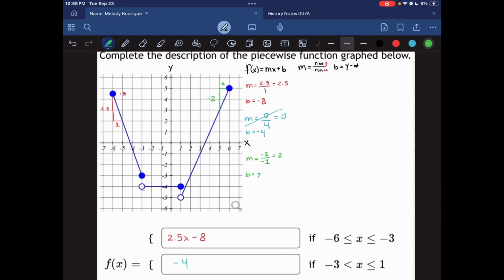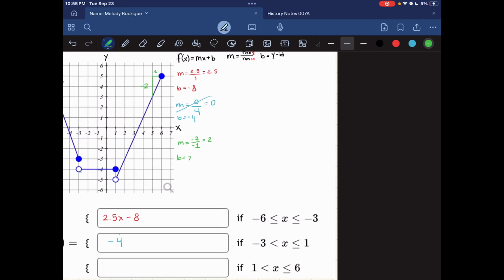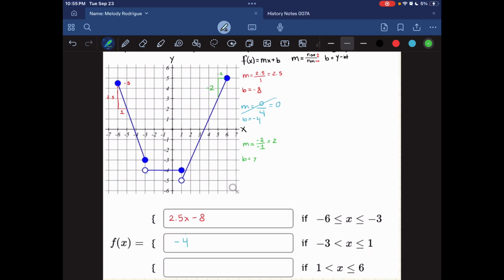So for our third equation, it's going to be 2x plus, or negative 7. I forgot, it's a negative because it's intersecting a negative number. So b is negative 7. 2x minus 7. And that's our equation. I hope you had a great understanding of this, and bye.